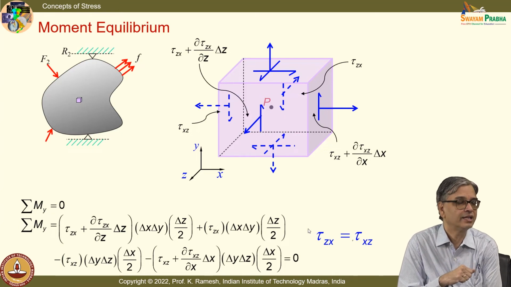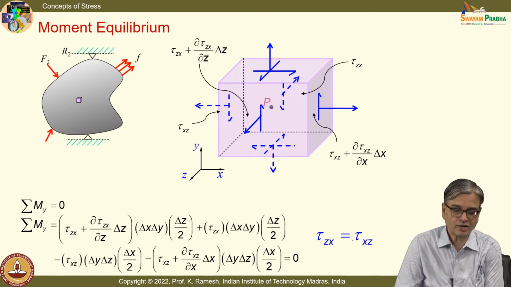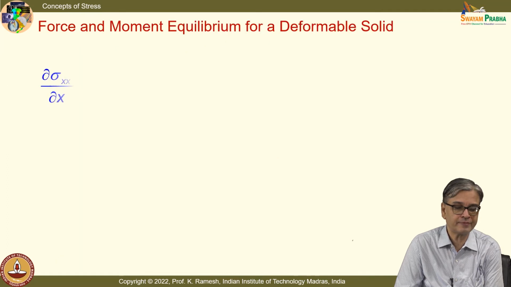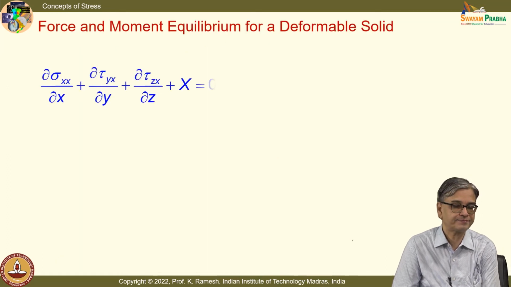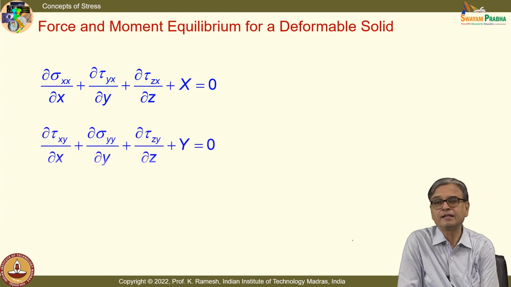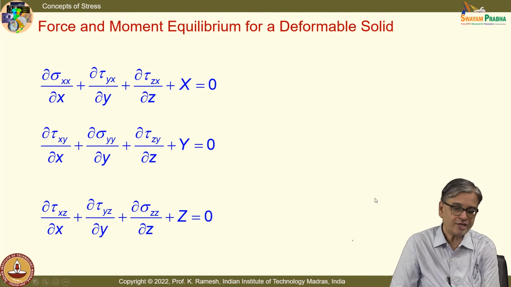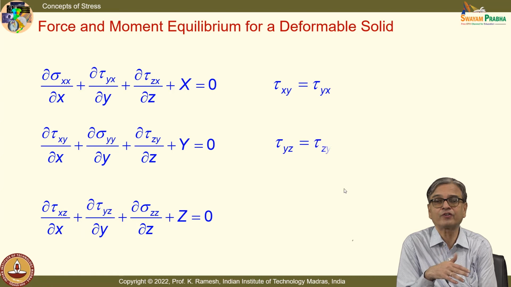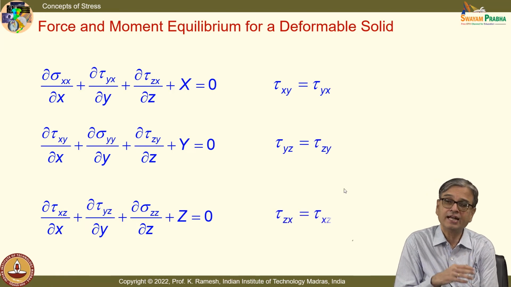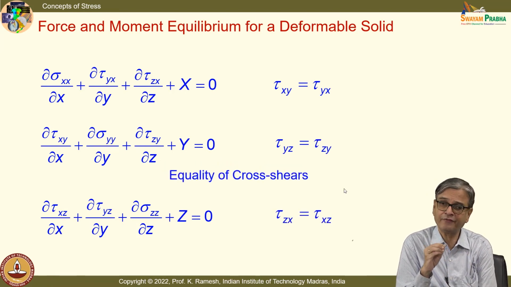And now we will summarize the force and moment equilibrium for a deformable solid. I have the force equilibrium like this. They are differential equations. And the moment equilibrium tells me that the equality of cross shears exists. And this is a very famous result.